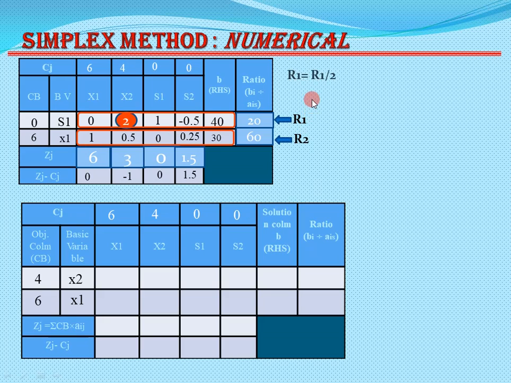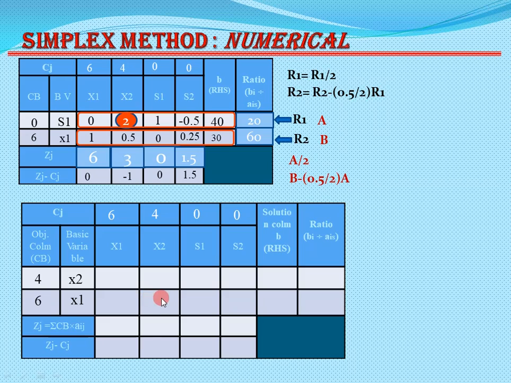So we can write R1 equals R1 by 2, and making the other element 0, we can write R2 equals R2 minus 0.5 divided by 2 into R1. And for the calculator again we denote R1 as A and R2 as B. So for the calculator these two equations can be written as A by 2 and B minus 0.5 by 2 into A. Now again using the calculator, similarly you can obtain the different values in the table.